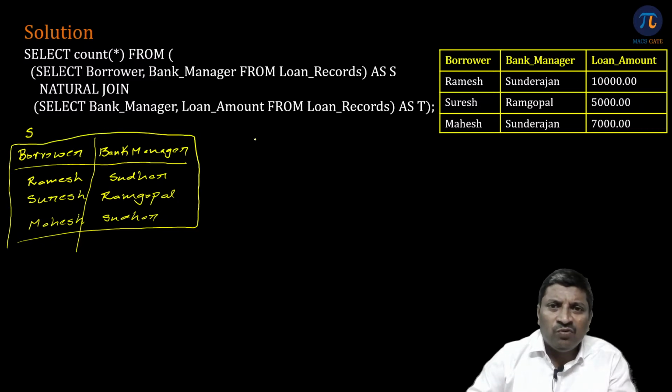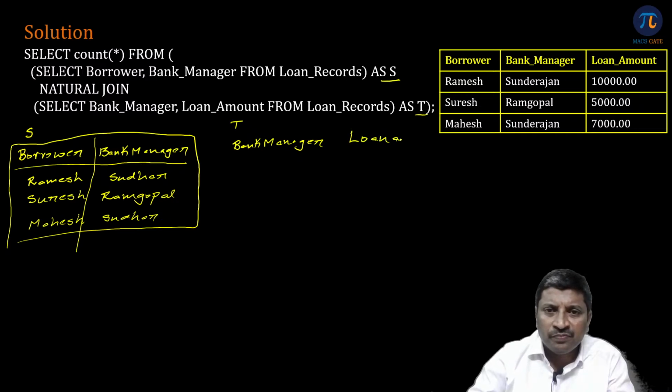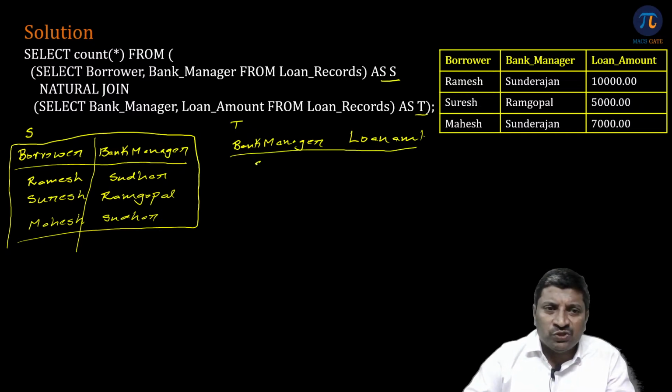Am I right, sir? What is T, sir? For T, I need bank manager, loan amount. So the first one is Sundar. I think it is 10,000, right?